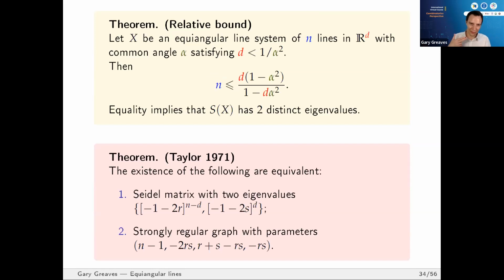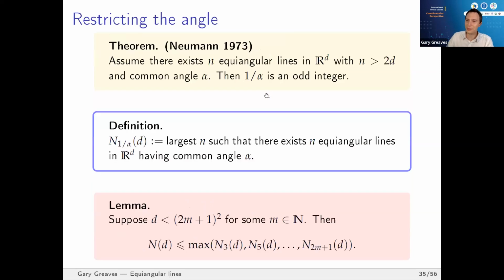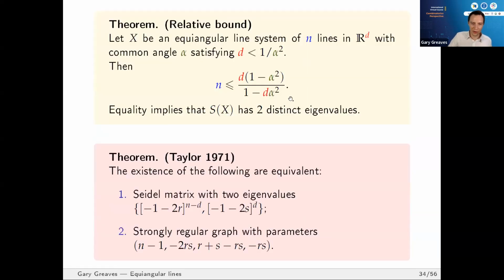So it flows both ways. You can get new results for strongly regular graphs by studying equiangular line systems without even caring about strongly regular graphs. So that's a correspondence there, but we'll see later that you can't just restrict yourselves to strongly regular graphs when you want to understand equiangular lines. Okay, so that's it for the introduction.